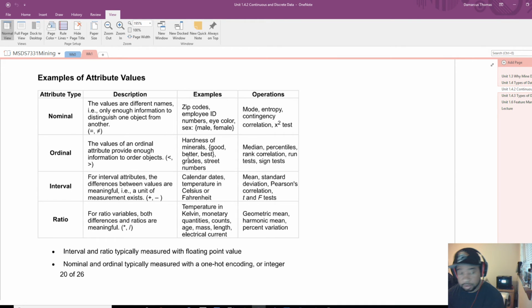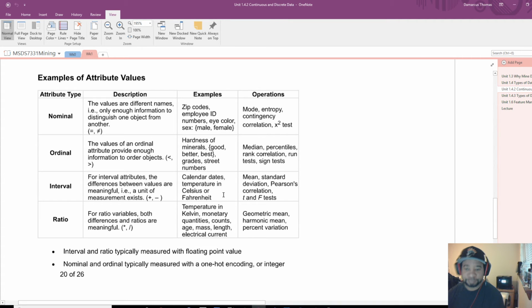Some examples of nominal attributes: zip codes, employee ID numbers, eye color, sex, male, such and such. Ordinal: hardness of minerals, good, better, best, grades, street numbers. Interval: calendar dates, temperature in Celsius, Fahrenheit.